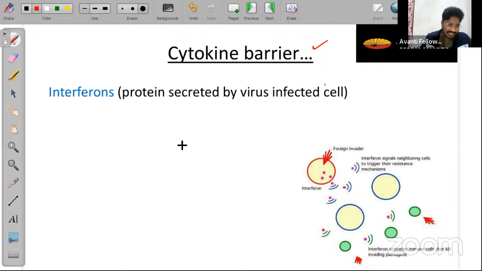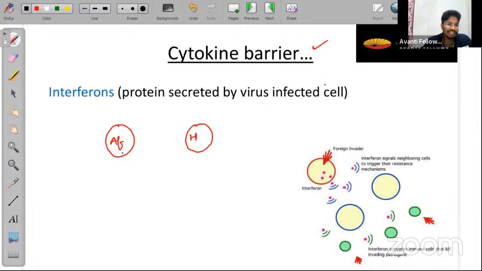For example, suppose this is a cell, and this is another cell. This particular cell is affected. This is your affected cell, this is a healthy cell. H for healthy, A for affected cell. This affected cell will synthesize something, some proteins.